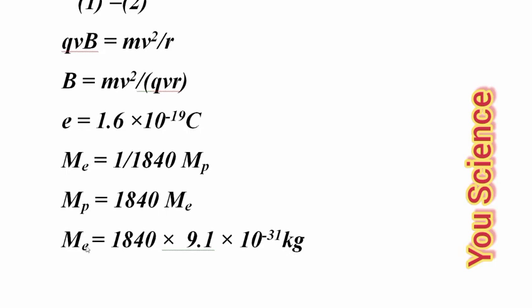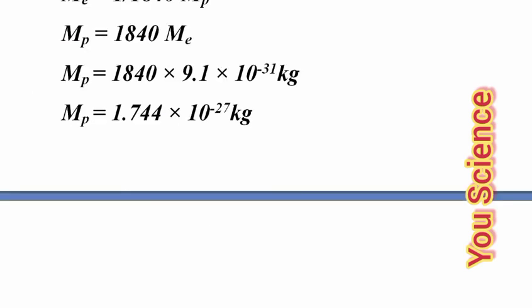So we see the mass of the proton is 1840 times 9.1 times 10 raised to minus 31 kilograms. Hence the mass of the proton, from my calculator, is 1.6744 times 10 raised to power minus 27 kilograms.